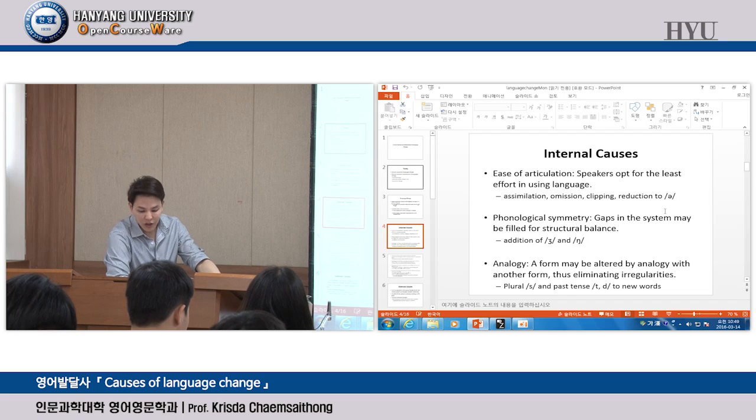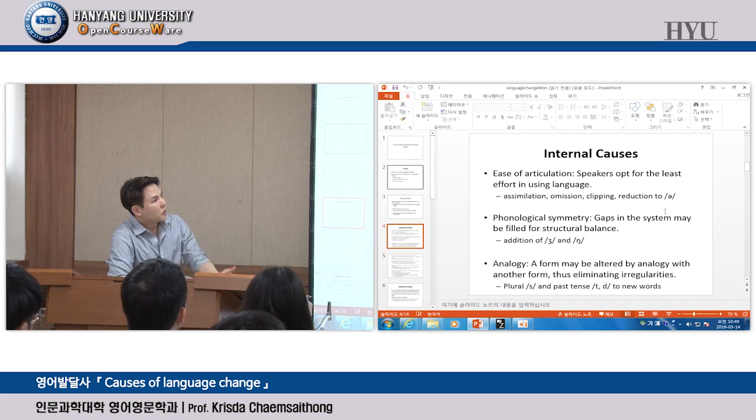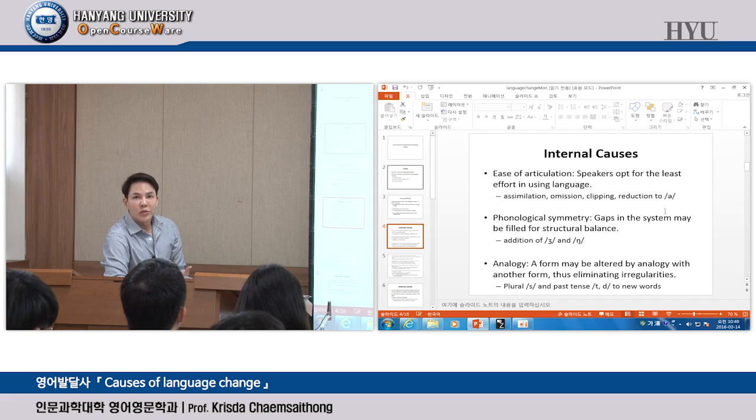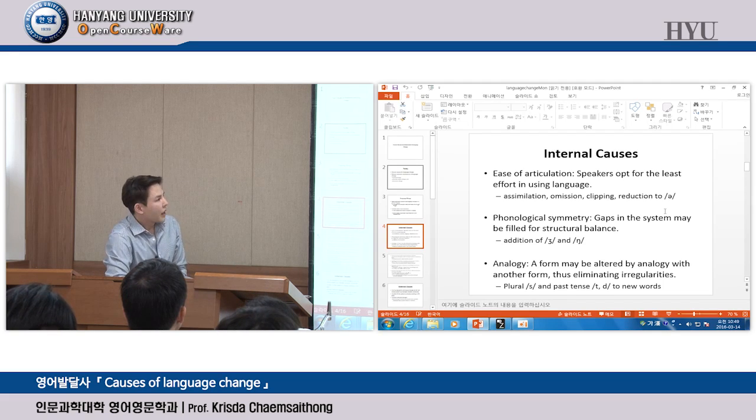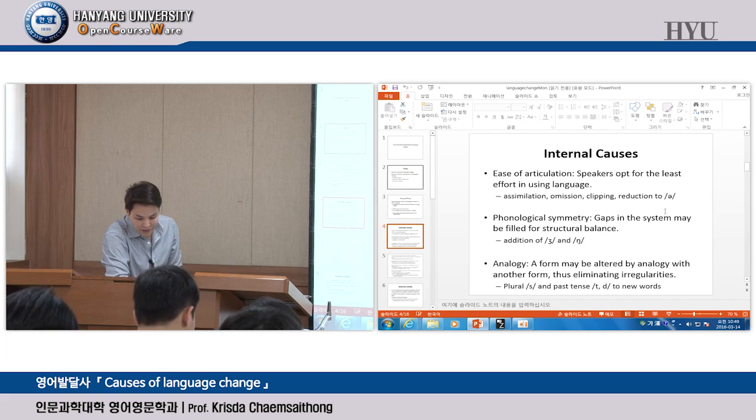This has to do with human anatomical, physiological reasons, and the tendency to move in that direction. So this is more like predisposition or predestination, right?